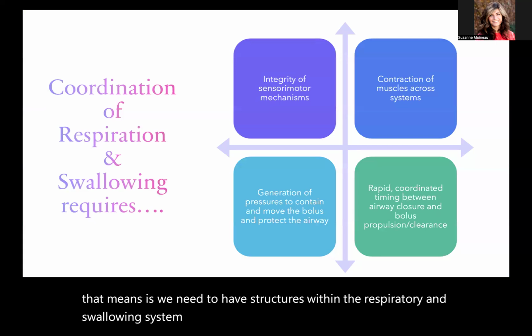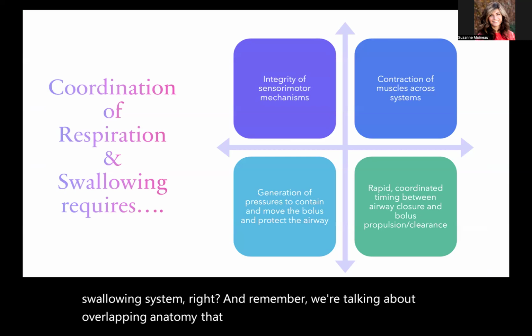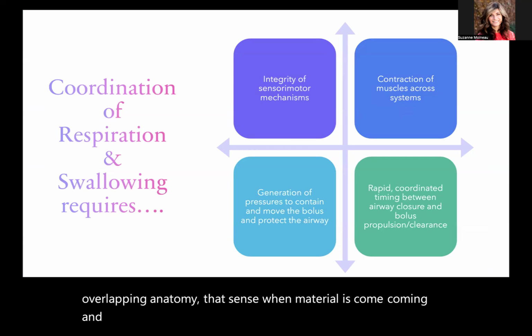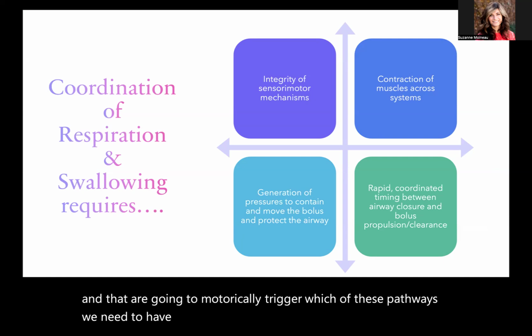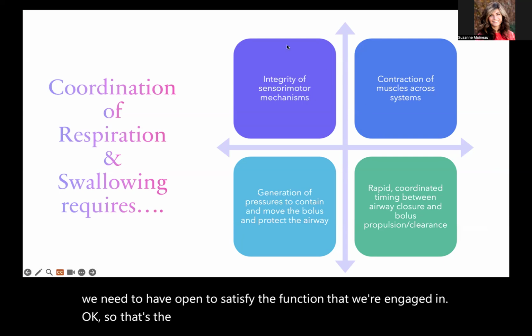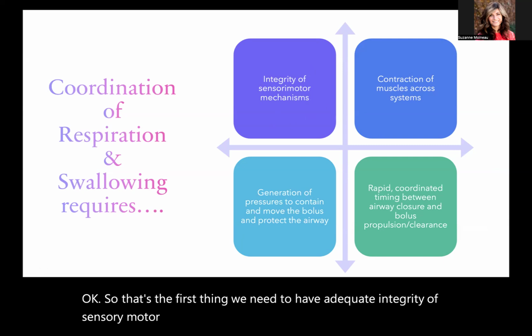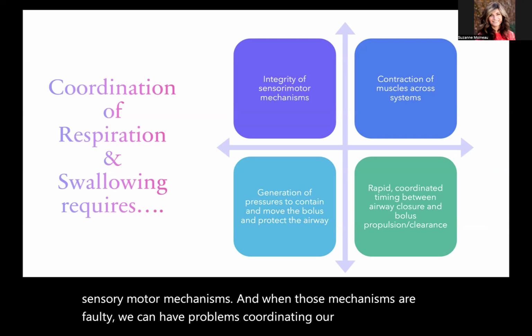And remember, we're talking about overlapping anatomy that sense when material is coming, and that are going to motorically trigger which of these pathways we need to have open to satisfy the function that we're engaged in. Okay, so that's the first thing. We need to have adequate integrity of sensory motor mechanisms. And when those mechanisms are faulty, we can have problems coordinating our breathing and our swallowing.